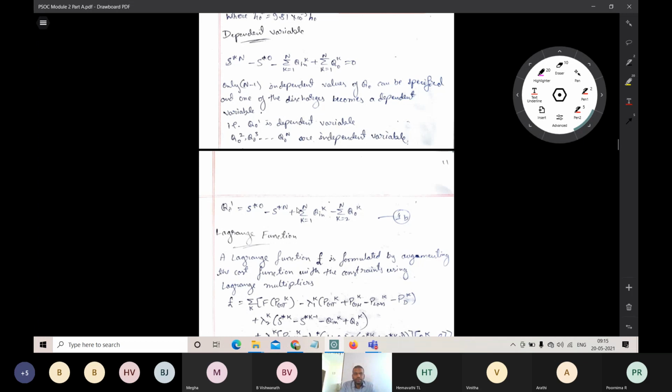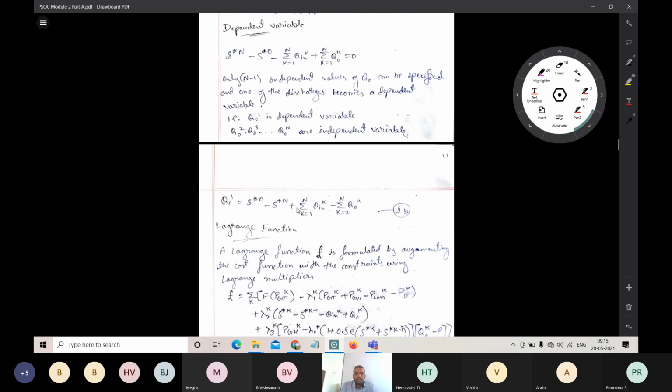So for that, what are the different dependent variables? That is the storage equation. In the storage equation, if you substitute k equals 1, then S star k equals S star 1, S star k minus 1, and k minus 1 is 1 minus 1, that is 0. Like that, we are going to give the numbers.